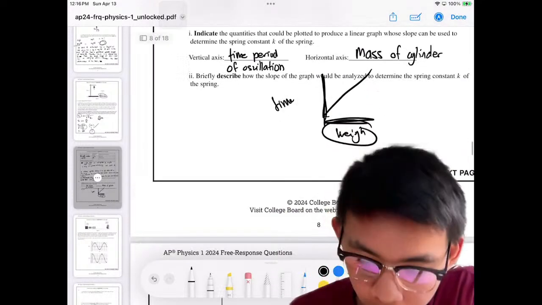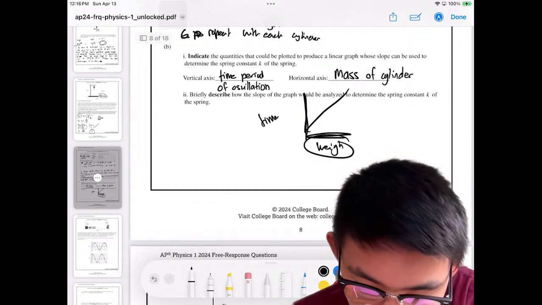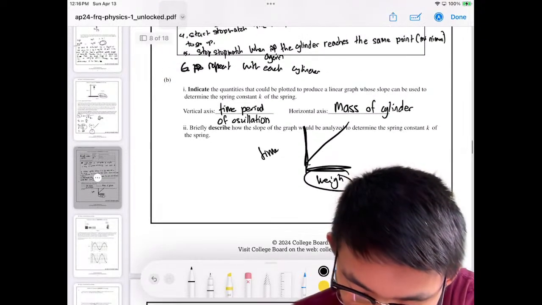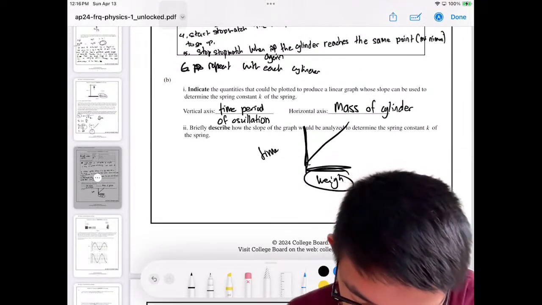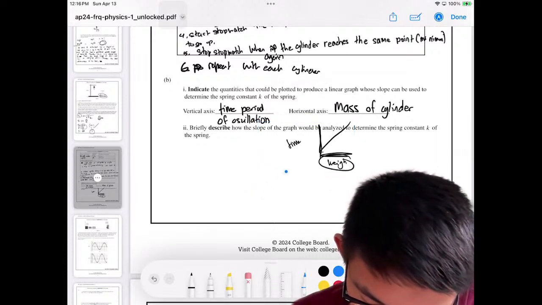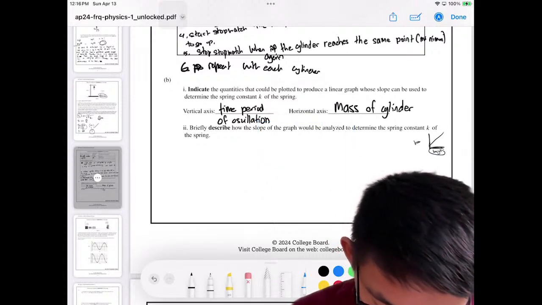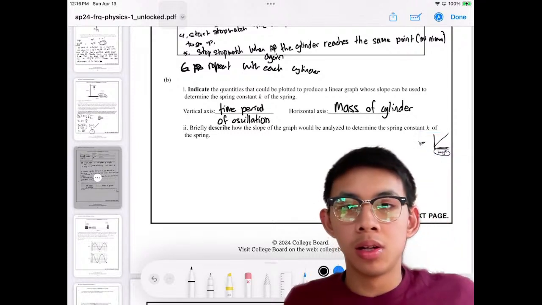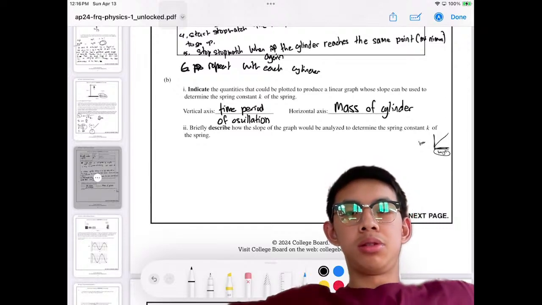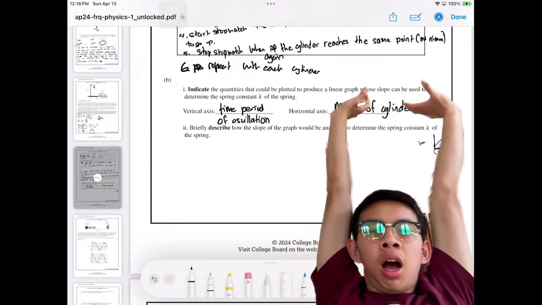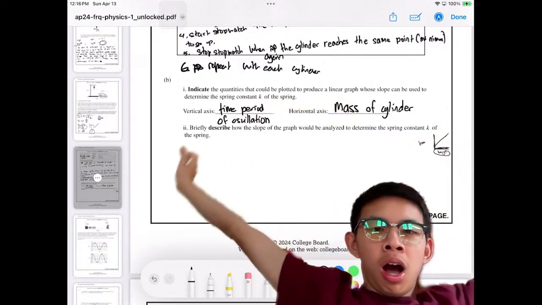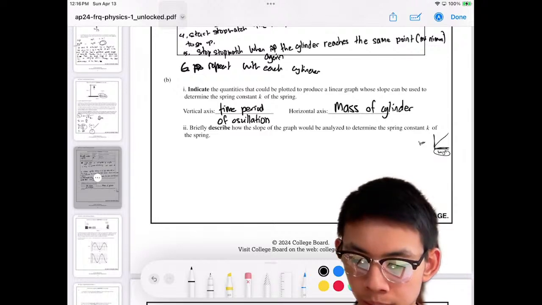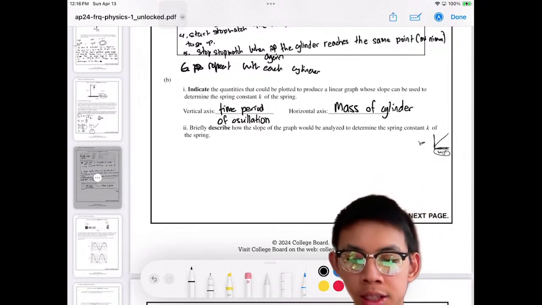Okay, here we go. Describe how the slope of the graph will be used to determine the spring constant K of the spring.